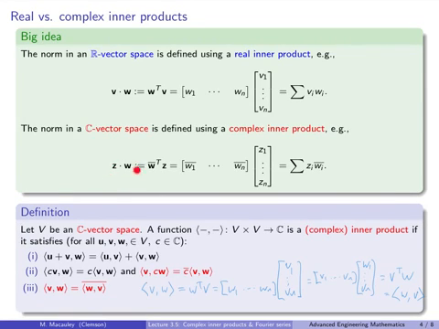In the complex case, it's a little bit different. If this is z dot w, let's look at what w dot z is. So w dot z is z transpose bar w, that's z1 bar dot dot dot zn bar times w1 up to wn, and this product is not equal to that product.